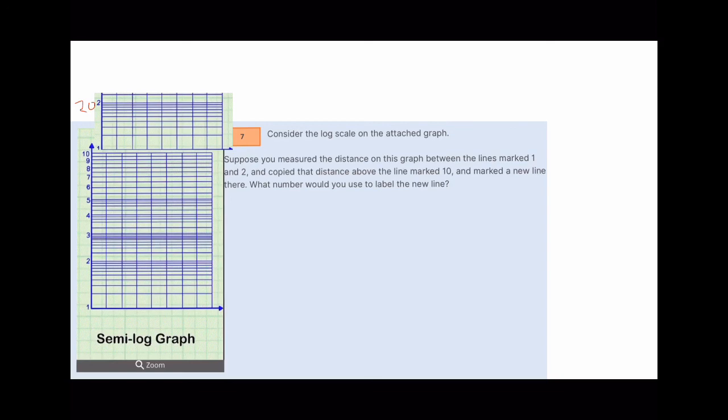It's about 0.301, and that would be just a little bigger than 3 centimeters in the unit we're using. If we went that same distance above the 10 mark, then again we'd double 10, and that would bring us up to 20.